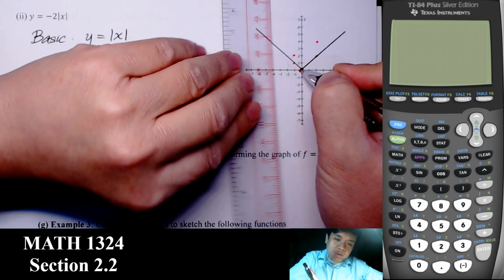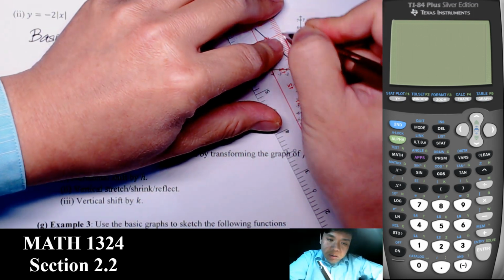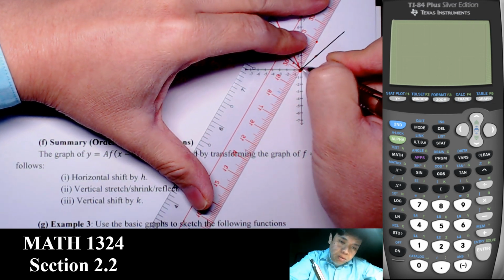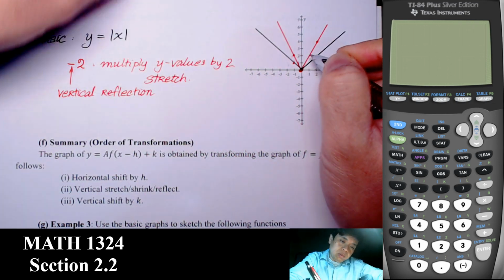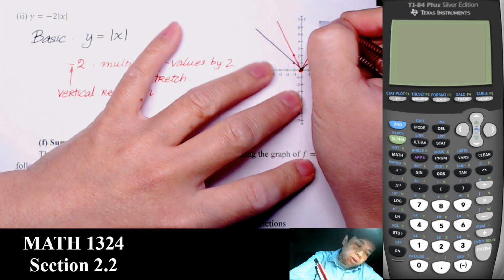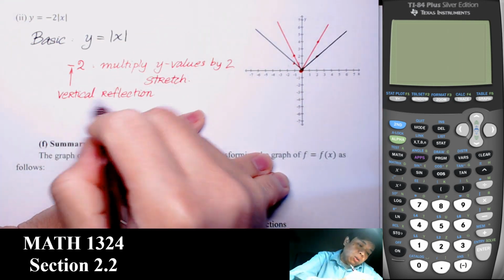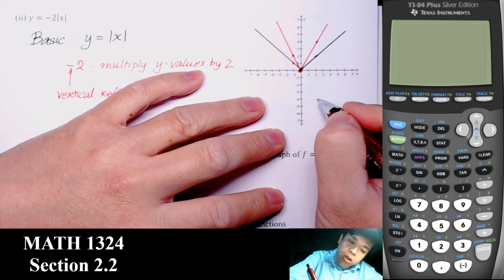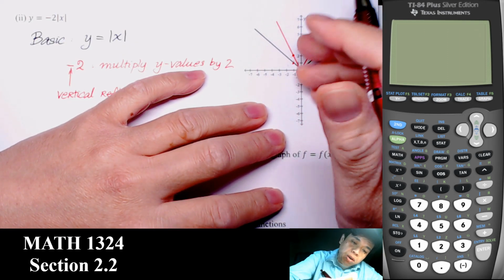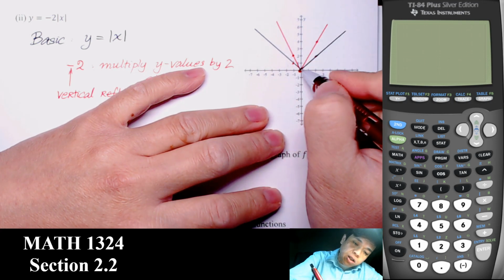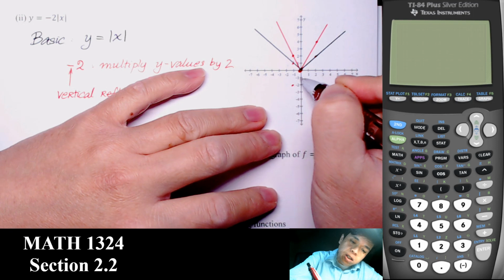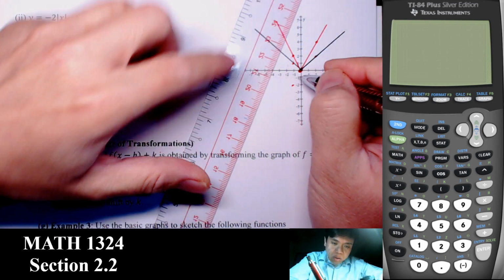So we have the graph. But we're not done. Then we have to do the reflection. So we're going to flip this upside down. This point is going to mirror image through this line. So the point here will stay. This becomes here. So this is the graph.